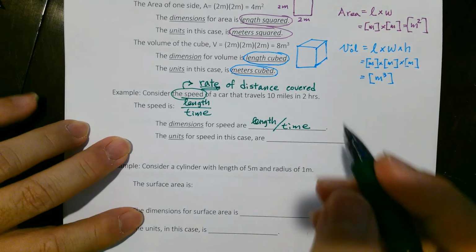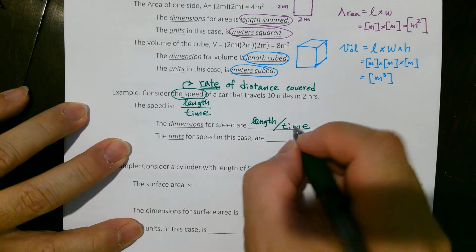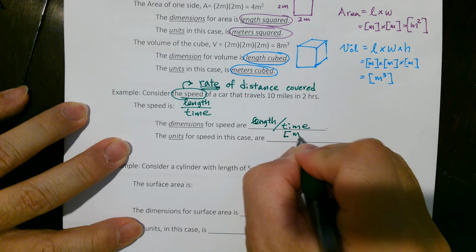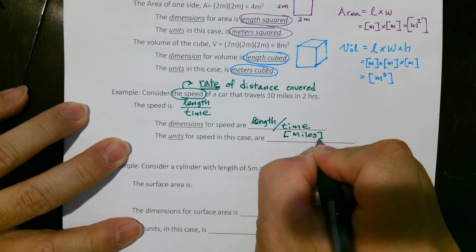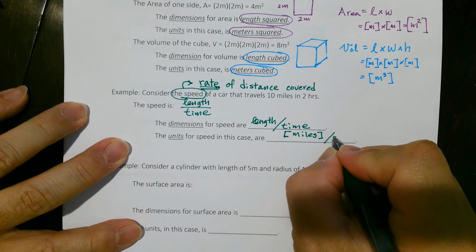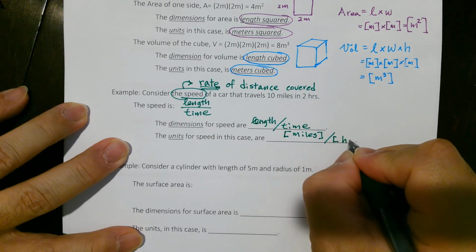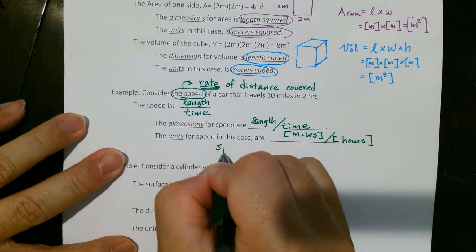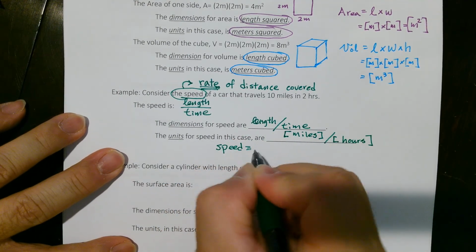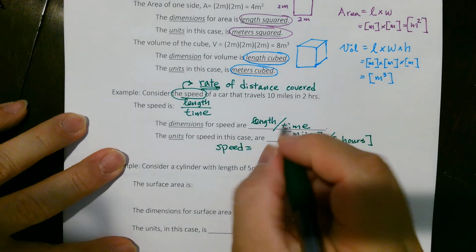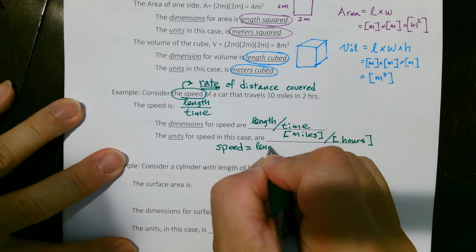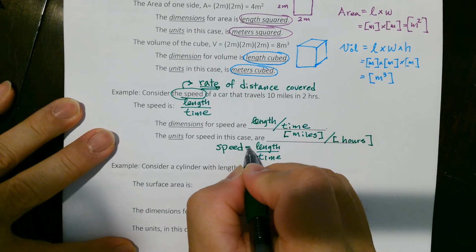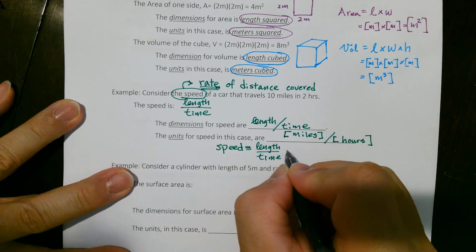And length has a unit of, in this case, miles. And time is in hours. So if we were to look for the speed in this case, which is length divided by time, this triple equal sign means truly equals to.